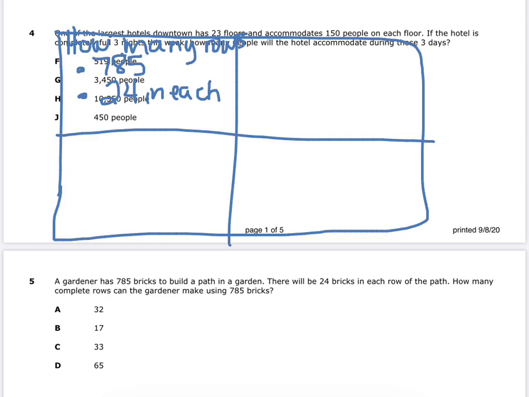Then we want to know what the problem is. So I know there's 785 bricks total. Okay, he has 785 bricks to build the path. So I'm going to take 785 and divide it by 24, because 785 divided by 24 takes that total and puts it into 24 bricks in each row.